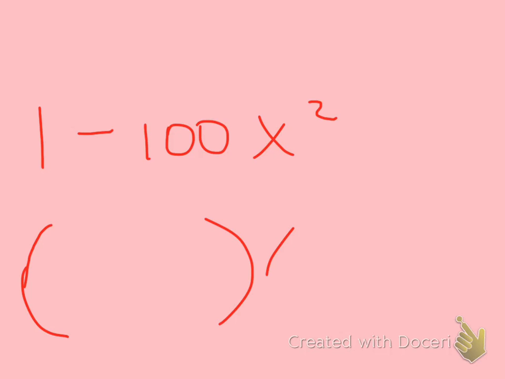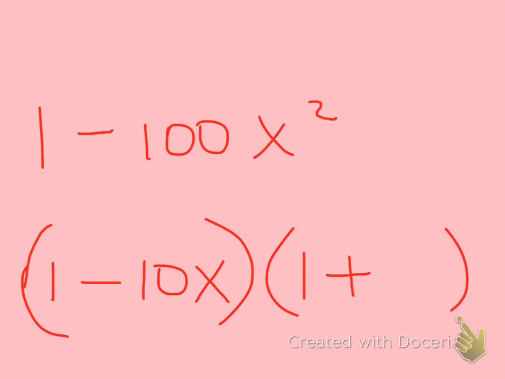Let's do something like 1 minus 100 x squared. Okay. And we're going to figure out what was multiplied. Oh boy. So 1 minus 10x, and then 1 plus 10x.